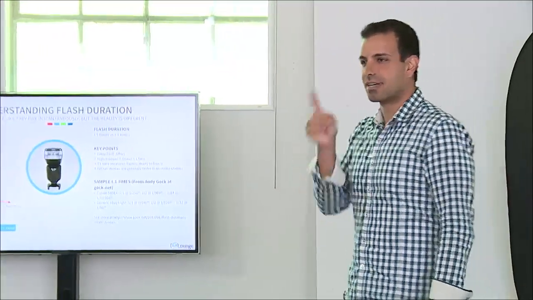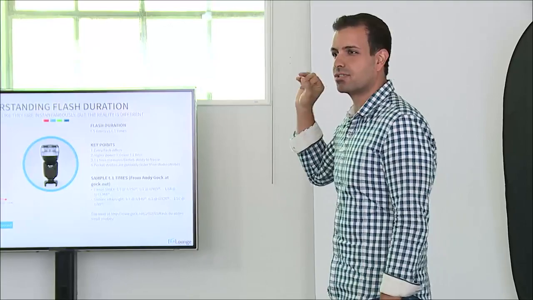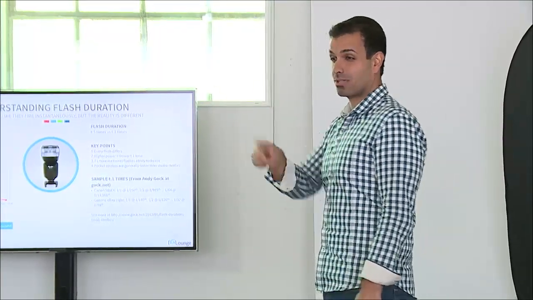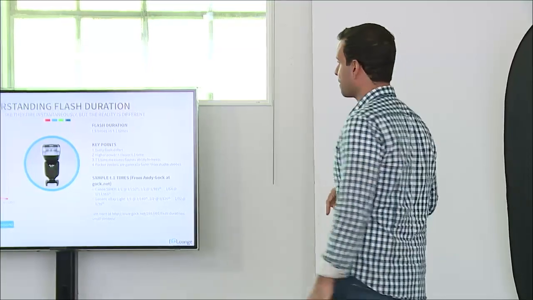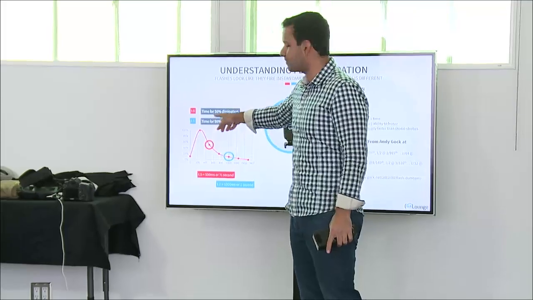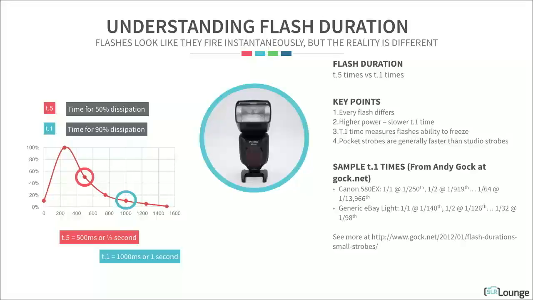Manufacturers, this is the funny thing, they're going to play tricks on you. They're going to say, our flashes are so fast, you can use them for anything. Our T5 time is this. And I want you to be aware of what that actually means. A T5 time is the amount of time it takes for 50% of the flash power to dissipate. So it fires and trails off to 50%. Now guess what?